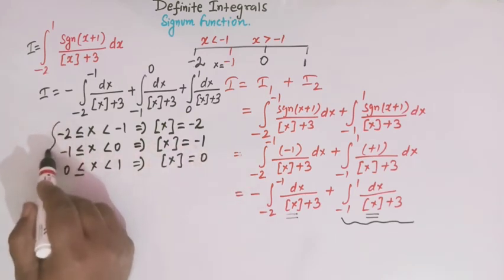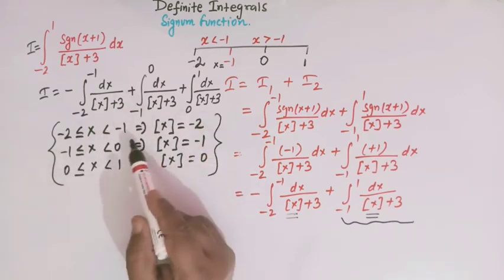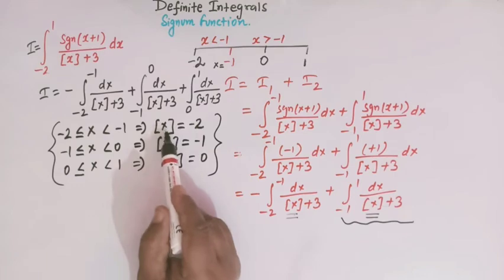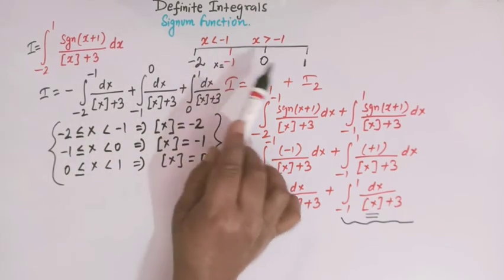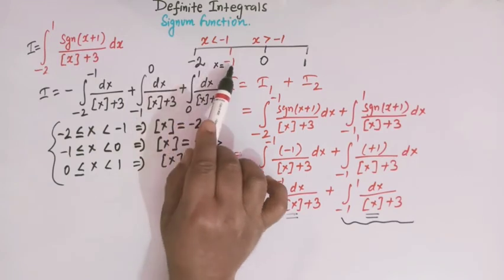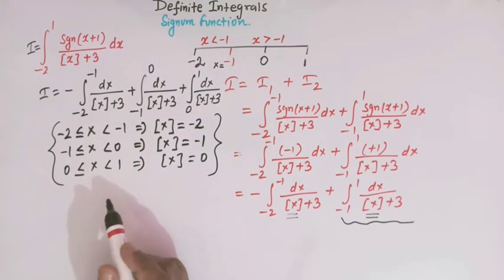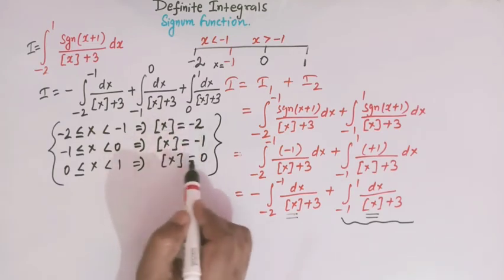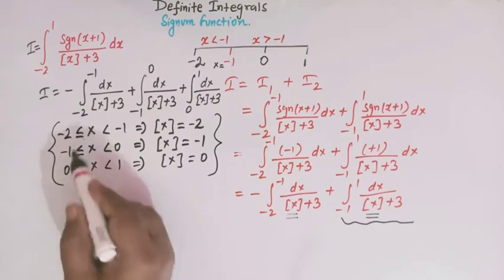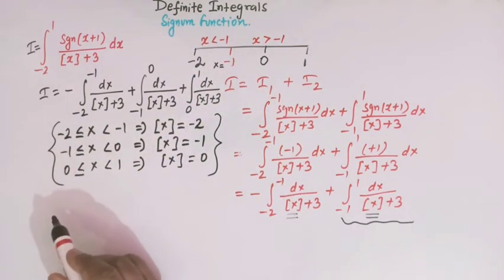So we have written the values of greatest integer x in these three intervals, that is from -2 to -1, -1 to 0, and 0 to 1, right? We can also verify these expressions by taking some particular or special values of x between these three intervals, right?